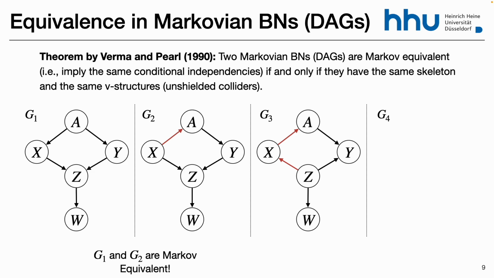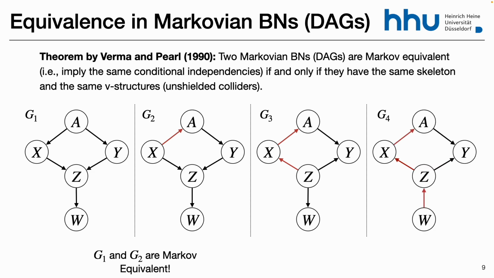No, they have different structures. Before, Z was an unshielded collider. Exactly. And now Z is not anymore, but now Y is. So Y is an unshielded collider. Z is no longer. It is a completely different equivalence class.